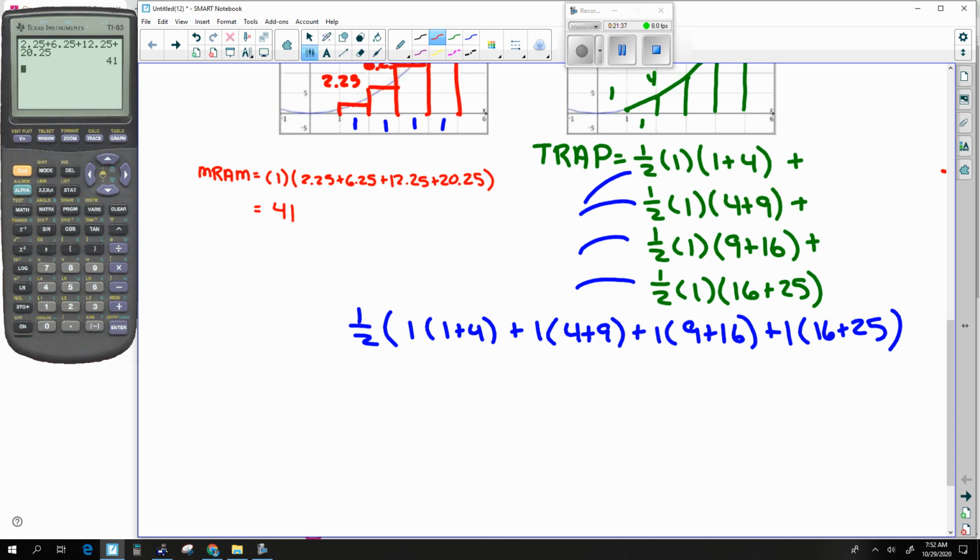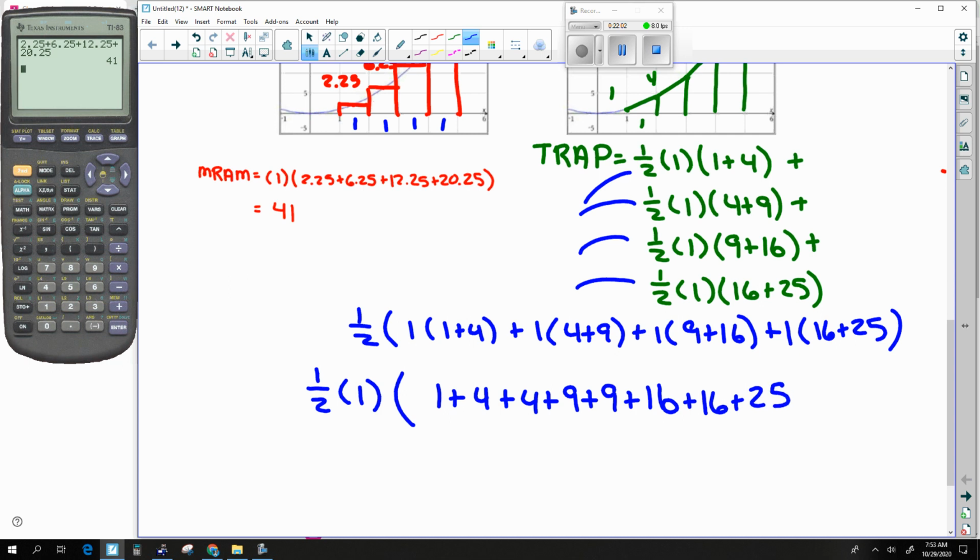Now, in this case, similar to the rectangles, the heights are consistent. So what I can do is GCF that out as well. So that would be 1/2, 1, and then I'm left with 1 plus 4 plus 4 plus 9 plus 9 plus 16 plus 16 plus 25. And it will always be like this. Notice what's happening. All of the, what I call inside numbers, are doubled, and there's just singulars on the edges.